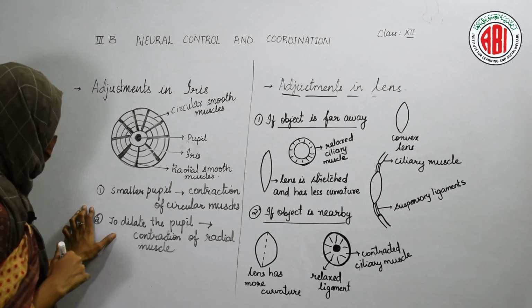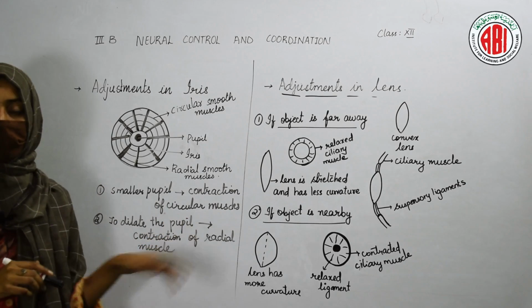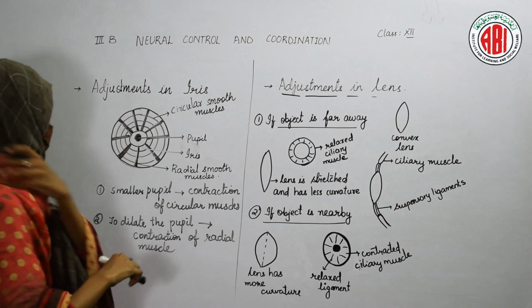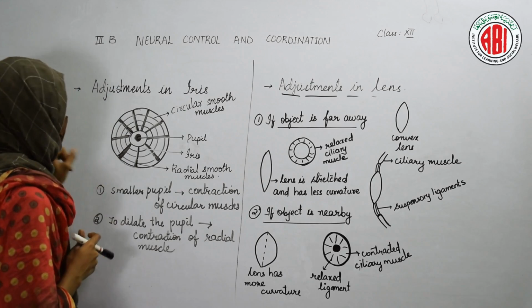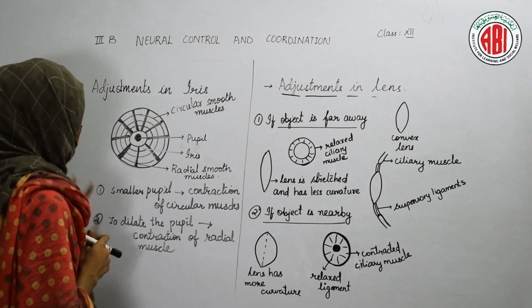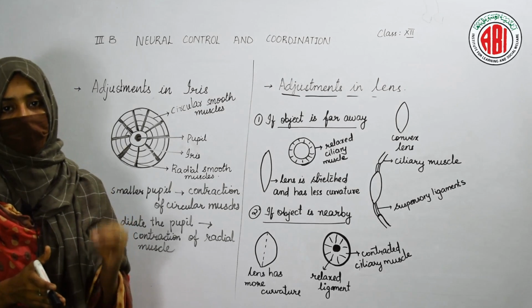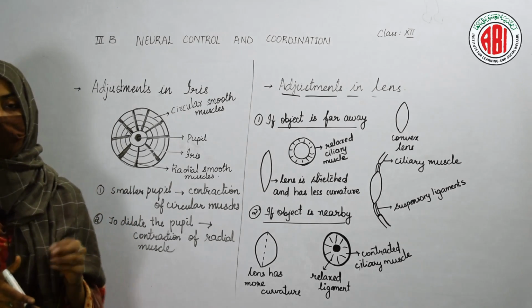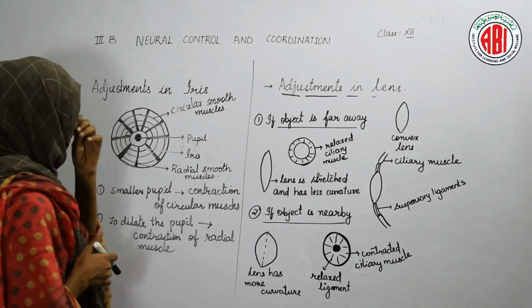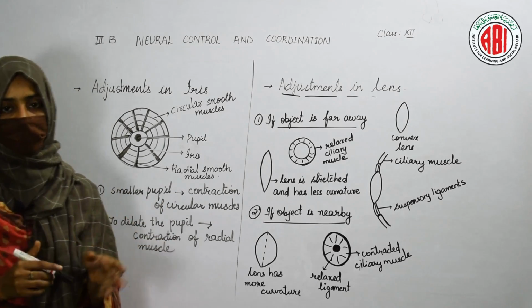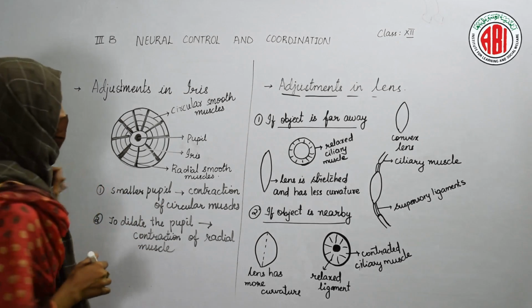So, to dilate the pupil, the radial muscles get contracted, and only due to the contraction of the radial muscles does the pupil dilate and become larger in size, due to which we are able to see the different objects present in the dark room. Not clearly, but we can see the objects that are found in the dark room.